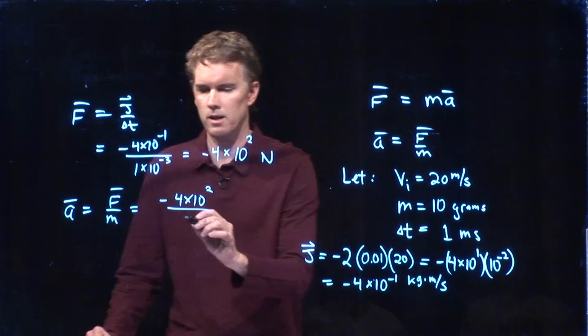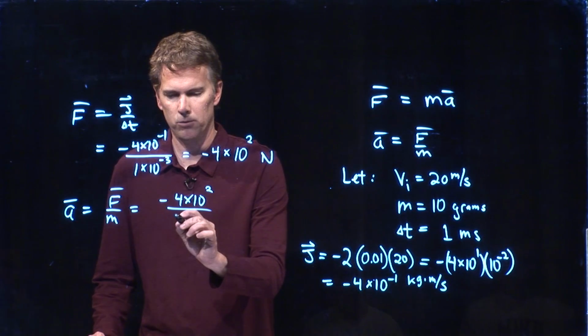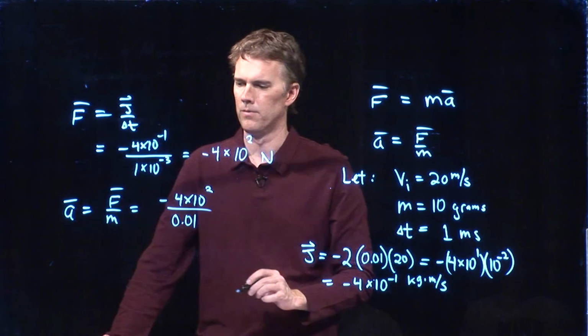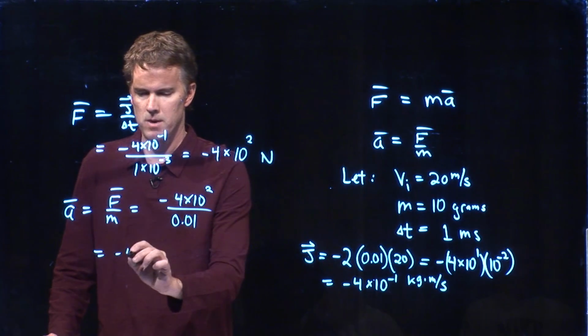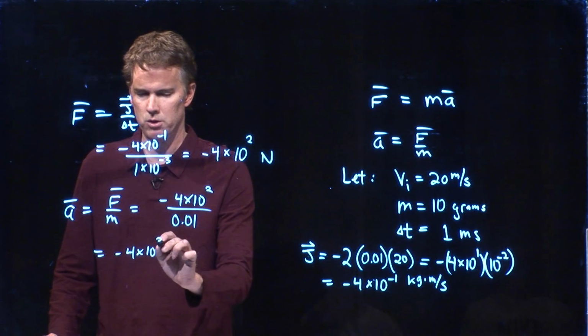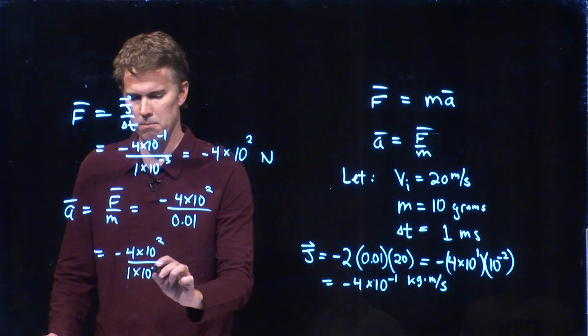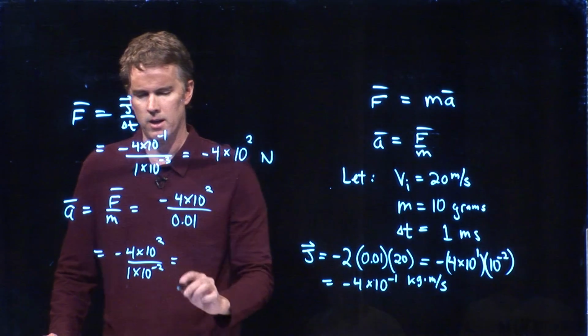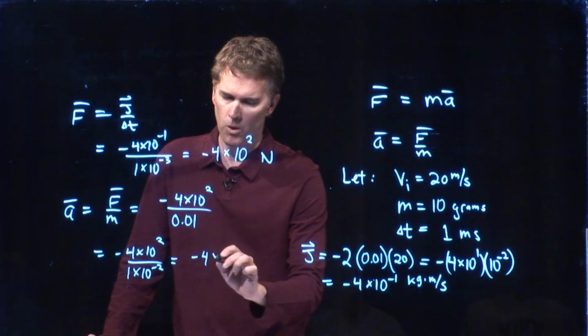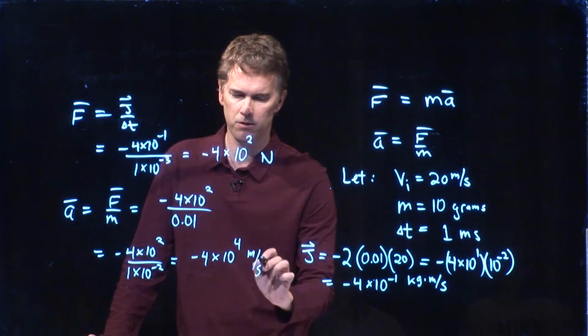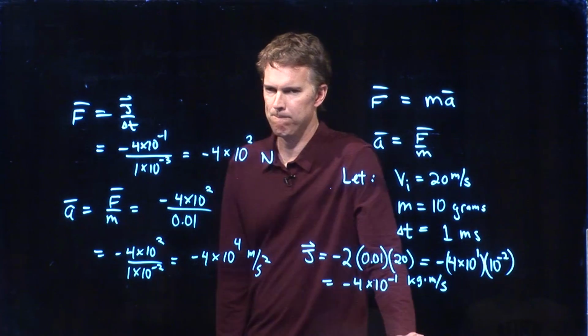M, we said, is 10 grams, which is 0.01 kilograms. So this is minus 4 times 10 to the 2 over 1 times 10 to the minus 2. And so we get negative 4 times 10 to the 4 meters per second squared.